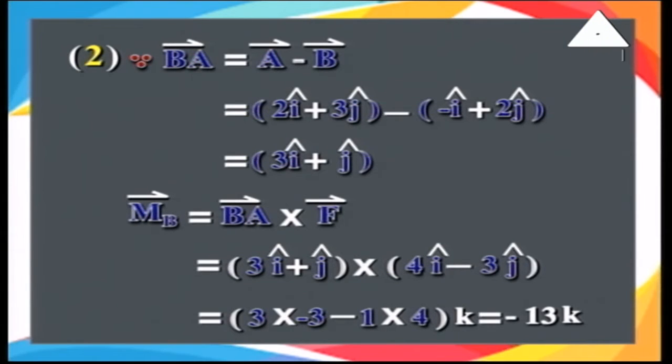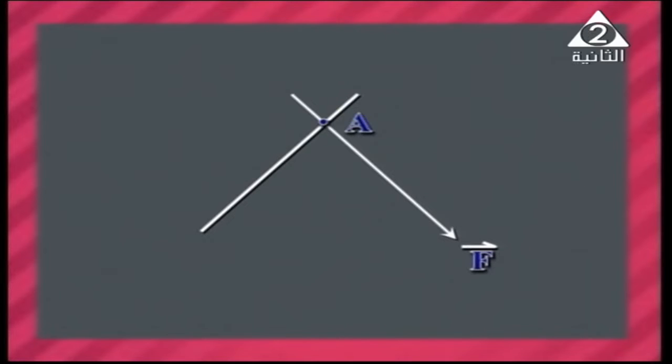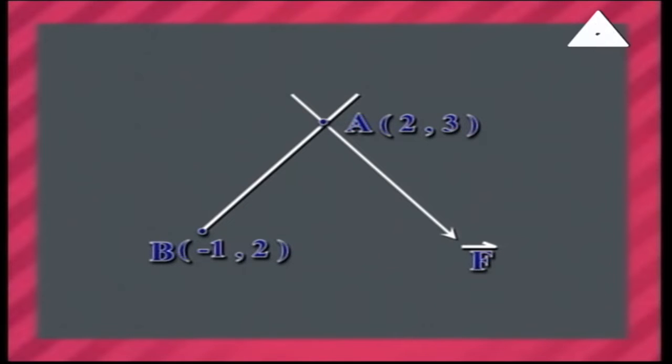This is the moment about B. Look at this force, this point A (2, 3), this point B (-1, 2). What is the moment of the force F about point B? First, we find the value of BA by subtracting A minus B. After that, we cross the position vector with F to find the moment of the force F about point B.